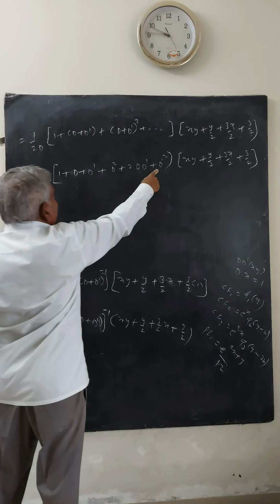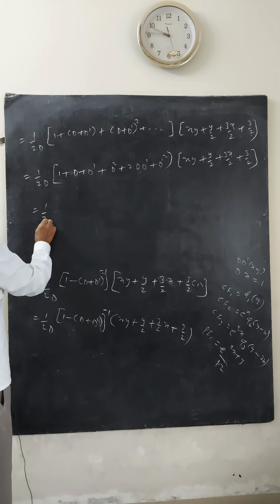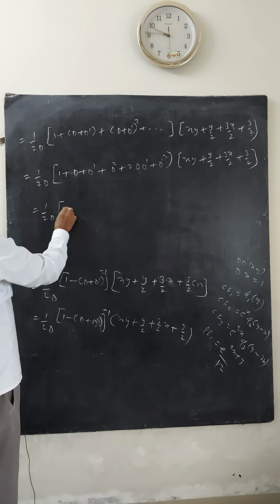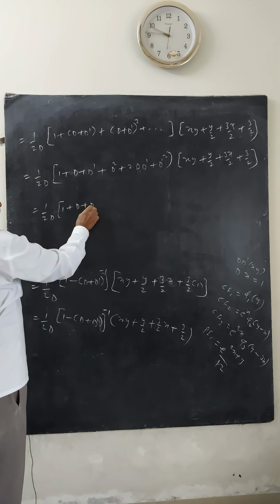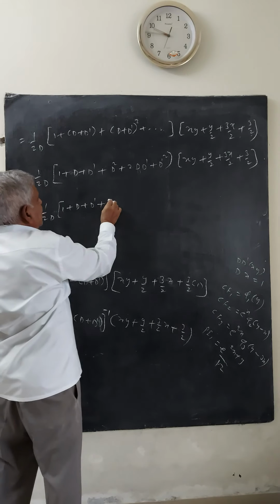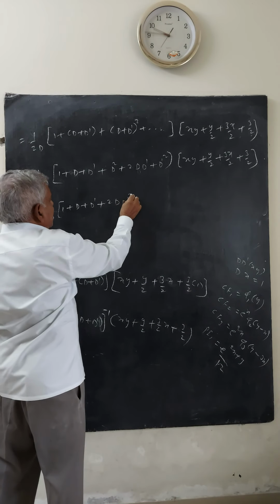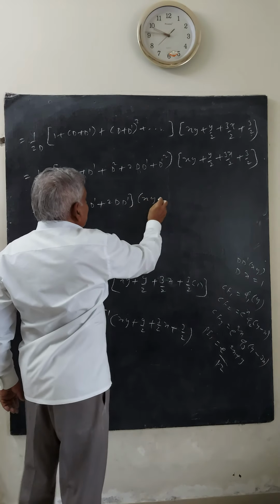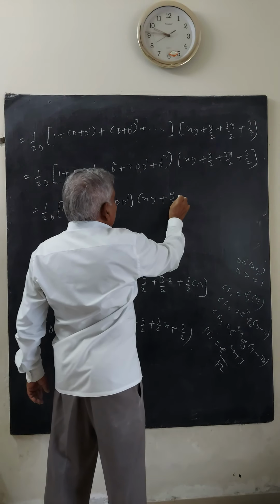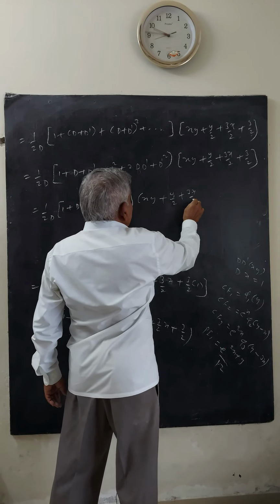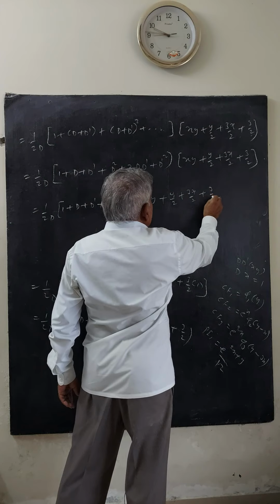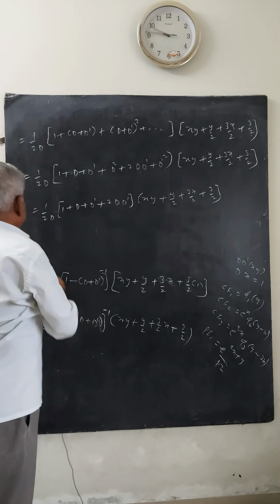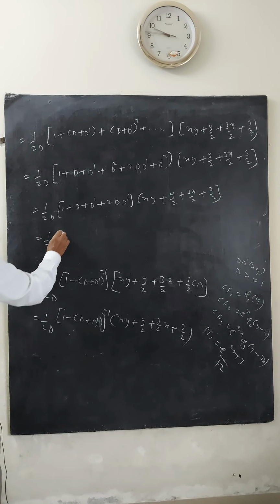Removing D square and D dash square: 1 by 2D (1 plus D dash plus 2D dash) of xy plus y by 2 plus 3x by 2 plus 3 by 2.